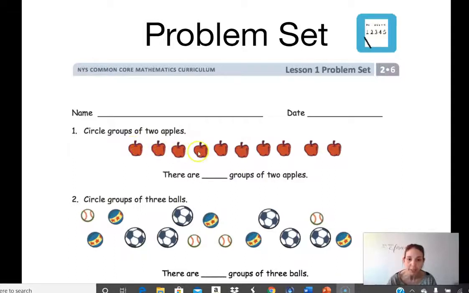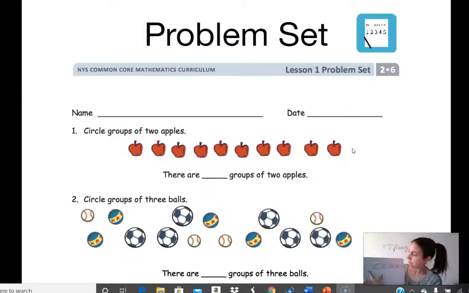1, 2, 3, 4, 5, 6, 7, 8, 9, 10. There's 10 apples. So I could draw 10 circles. 1, 2, 3, 4, 5, 6, 7, 8, 9, 10. And I can circle groups of 2. 1, 2, 3, 4, 5.